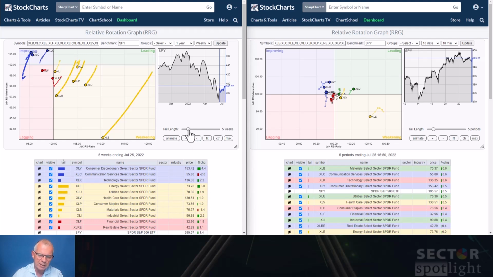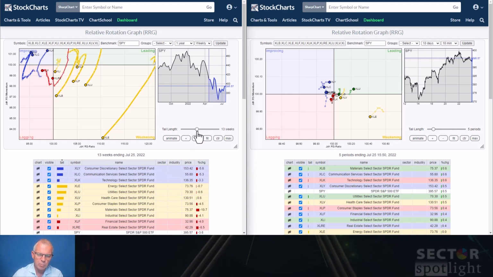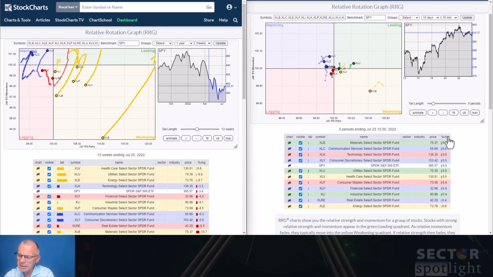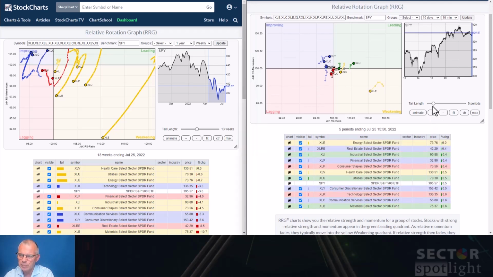If I change that to 13 weeks, 1 quarter, then this is the percentage change for 1 quarter on the weekly RRG. If I move to 10 minutes, you can see that the percentage change is 5 periods, so that's 50 minutes. In 50 minutes, these are the percentages change.